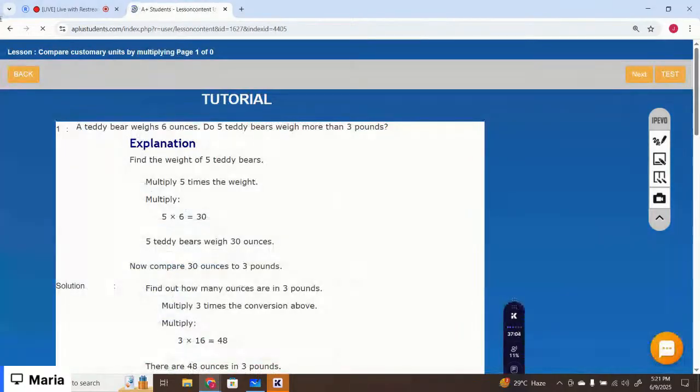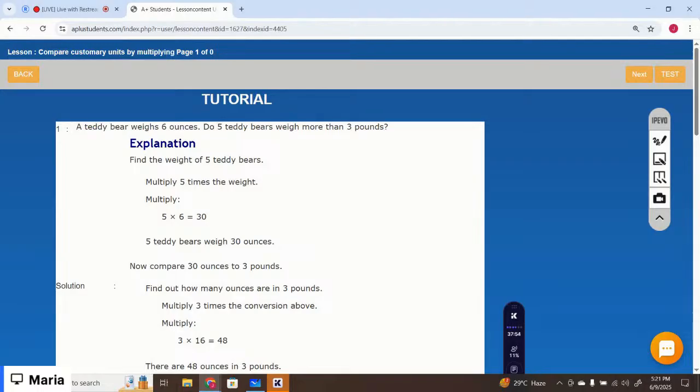Compare customary units by multiplying. A teddy bear weighs 6 ounces.